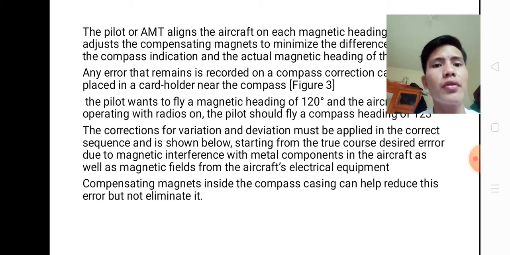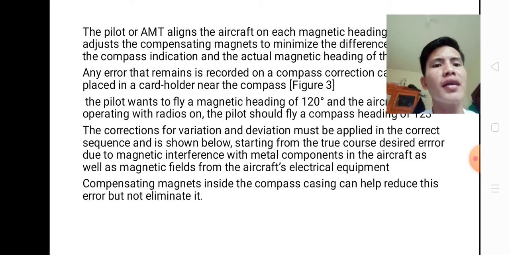The corrections for variation and deviation must be applied in the correct sequence, and this is shown below. Starting from the true course, deviation is the error due to magnetic interference with metal components in the aircraft as well as magnetic fields from the aircraft's electrical equipment.